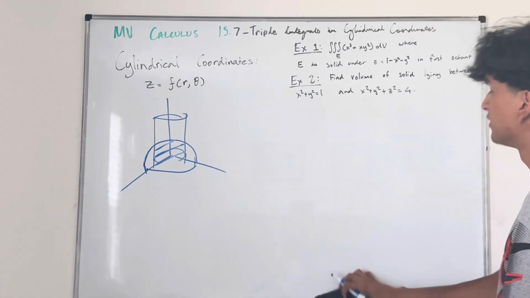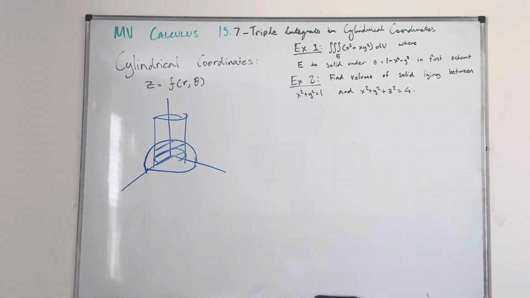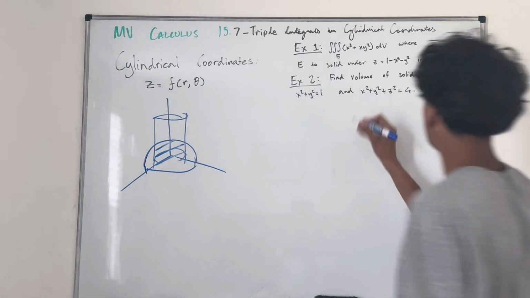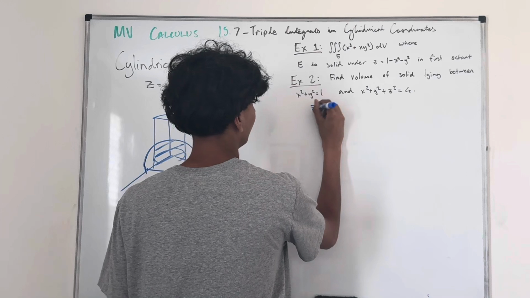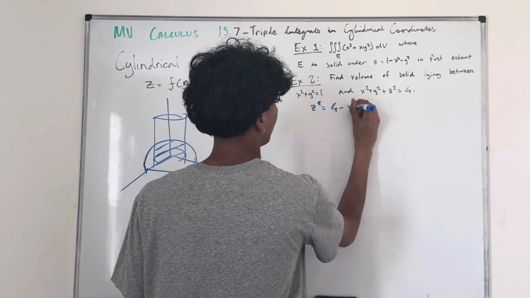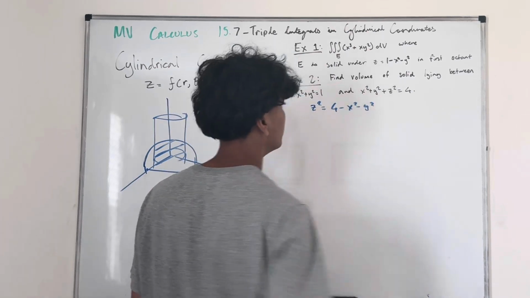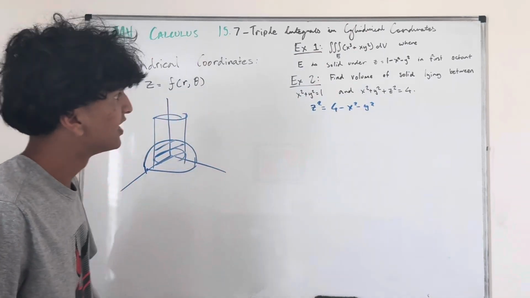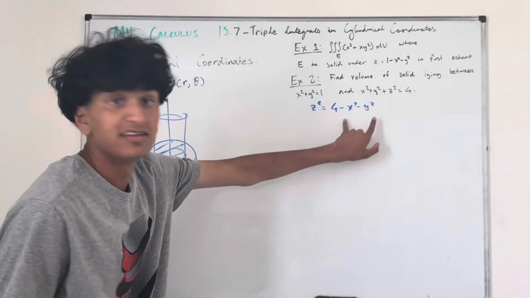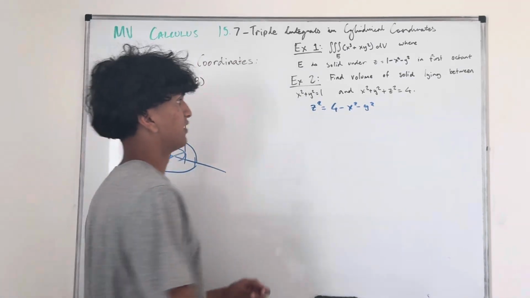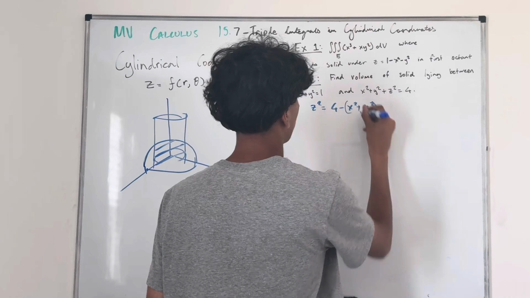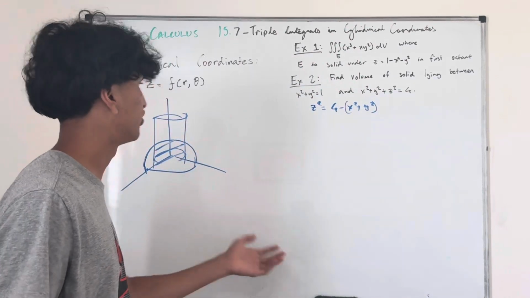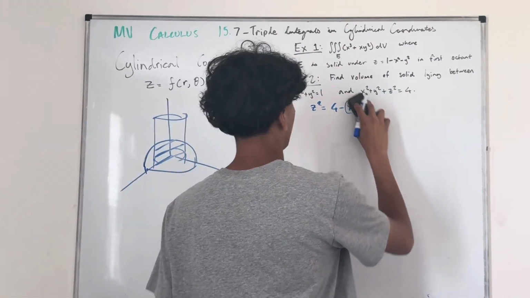So if you think about this, let's rearrange, and we see that z squared equals 4 minus x squared minus y squared. Hopefully you notice, wait a second, that's minus r squared, right? When I factor out -1, I get x squared plus y squared, so this just ends up being 4 minus r squared.